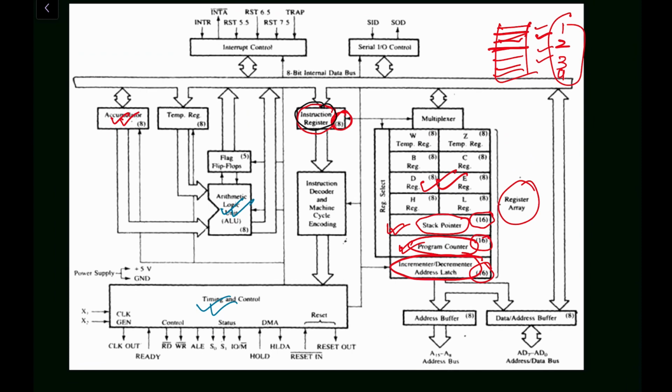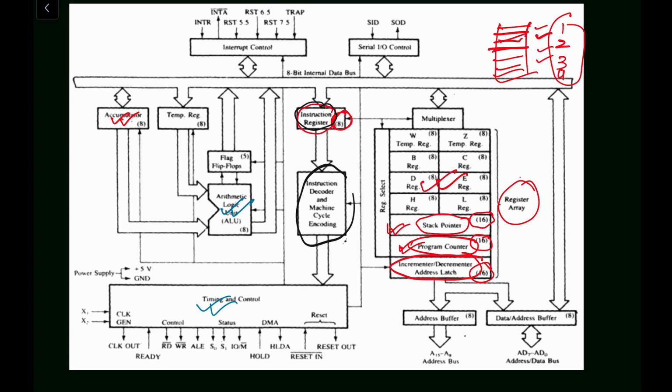Suppose it is the addition, then ADD is the opcode for the addition operation. And in ADD R, R is the operand on which the instruction is going to be performed. So this instruction register holds the opcode of the instruction which is going to be decoded and executed. Okay, so this is the function.